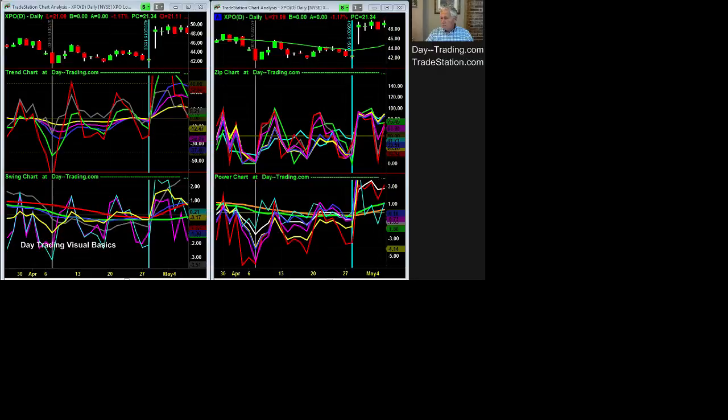In the chart, I am in XPO, and we're in May of 2015, or April 28th of 2015 on this Zion candle, and we've got a gap up here from 42 to 48, about $6.